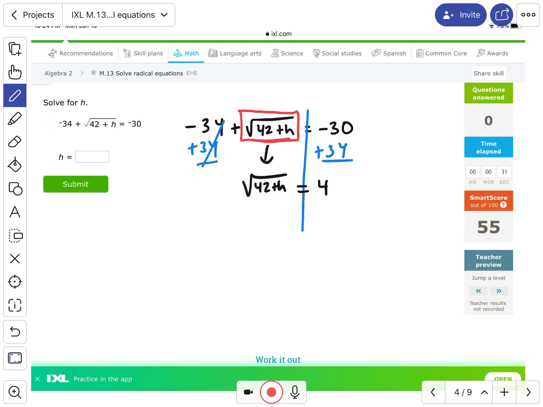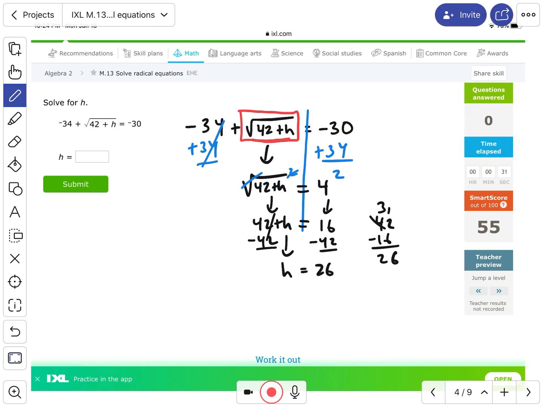Okay, and so now that we have this square root and this expression by itself on the left side, we could square both sides. And now that's just going to be rewritten without the square root. 4 squared is 16. And then we could just finish solving. Okay, so what's that? 42 minus 16. So that's 26.